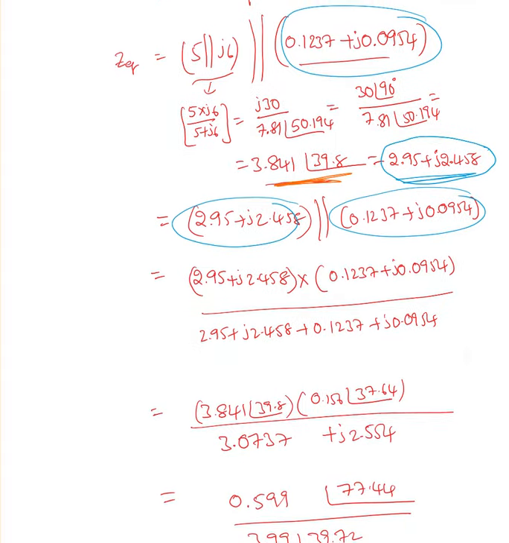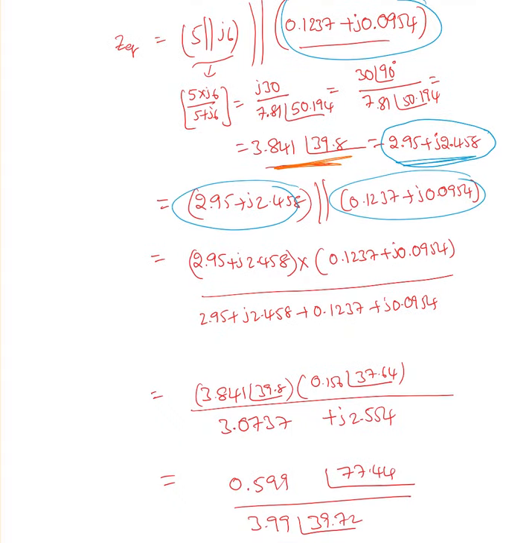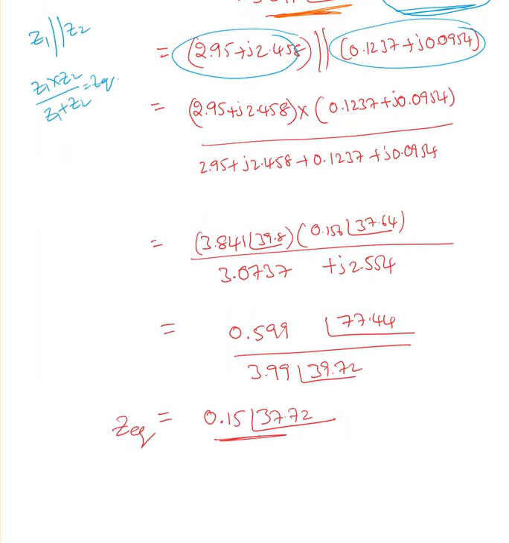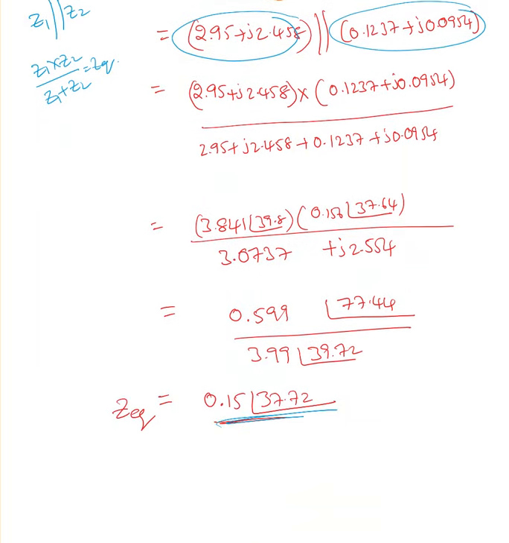It is a little bit very long process to solve it. It's just Z1 parallel with Z2. How do you do that? Z1 times Z2 over Z1 plus Z2. This is the Z equivalent. I followed the same process and end up with finding Z equivalent as 0.15 at an angle of 37.72. That is the total impedance looking from the secondary side of the transformer.